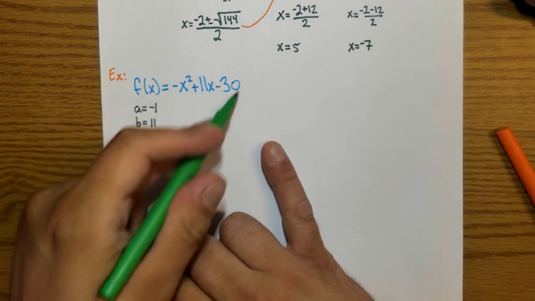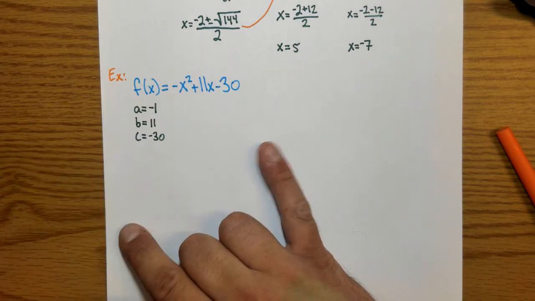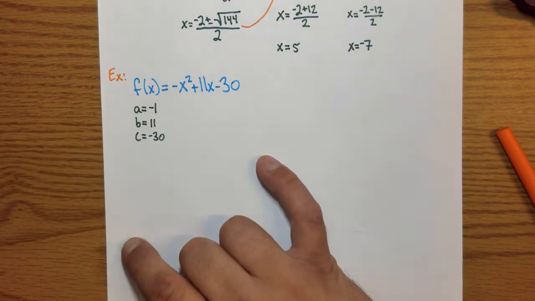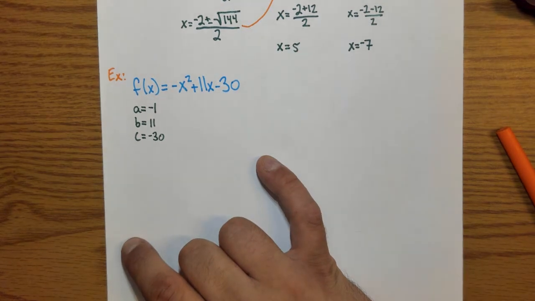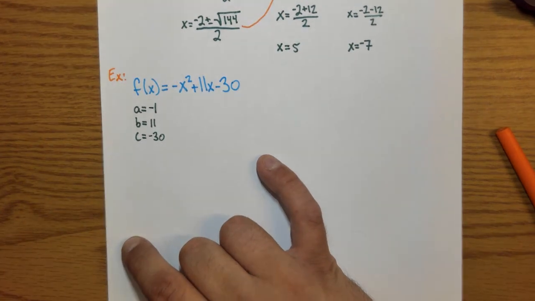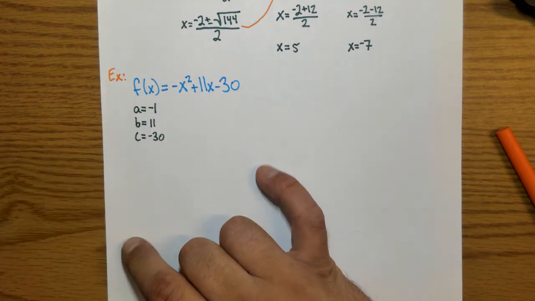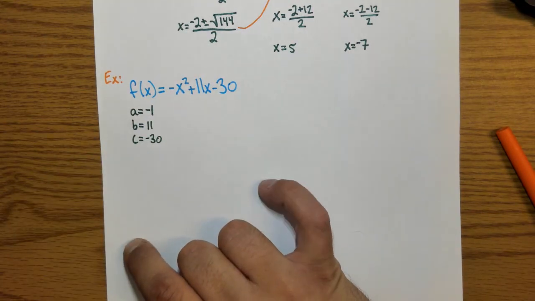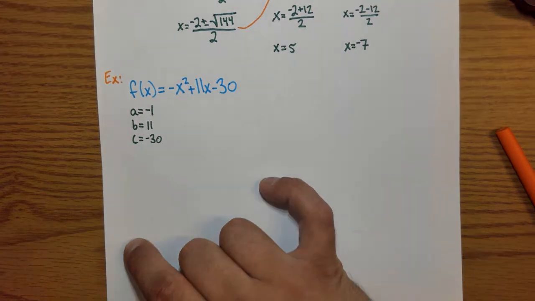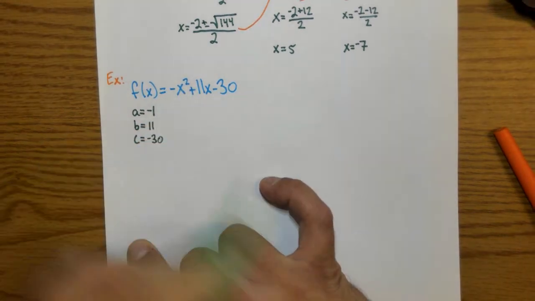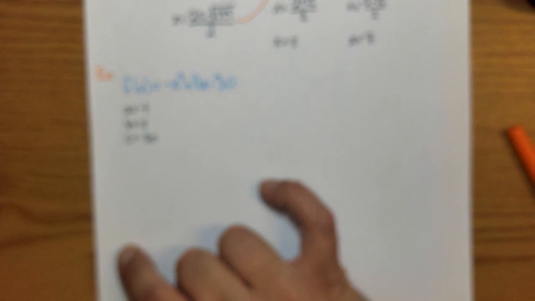Looking at this, what direction does this quadratic face? Just thinking about lessons that we've had before. This one is going to be facing down, right? Because there's a negative out front. Just a cool little observation, I suppose. So this would have a maximum, wouldn't it? Yeah, pretty cool stuff.